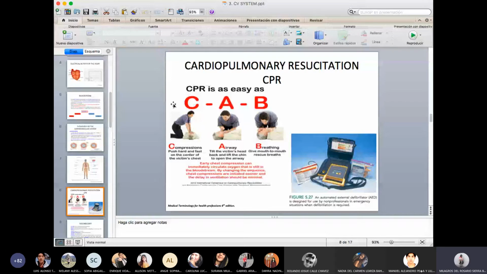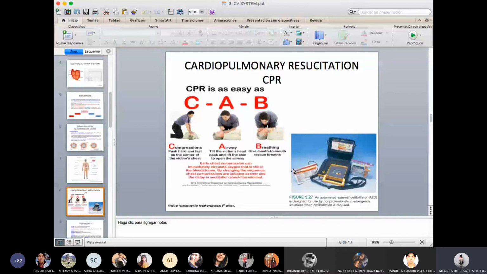That's very important. Then you have to evaluate the airway, especially to see if the tongue is not going down, backwards. And then, if you can, try to give rescue breathing, okay? And this is how you try to defibrillate the patient, make his heart go again with the external defibrillator.